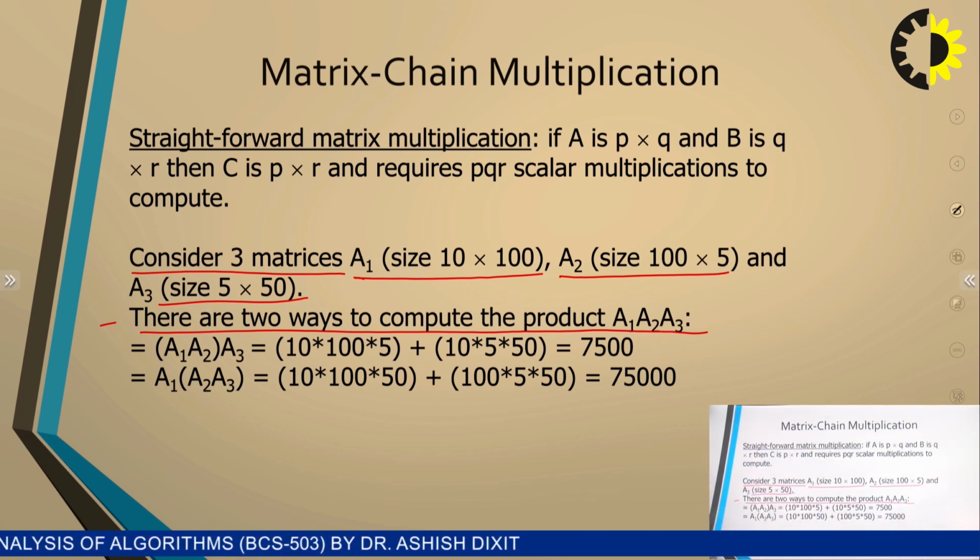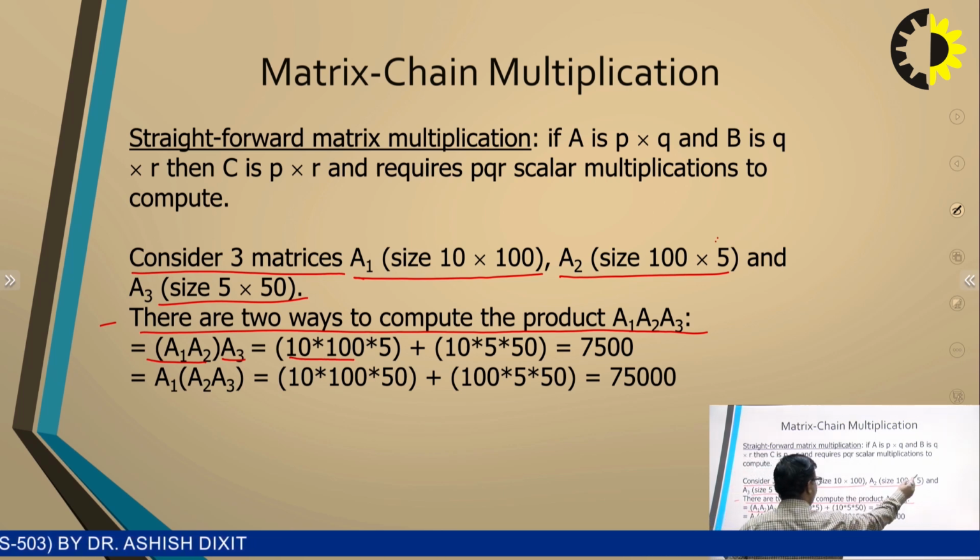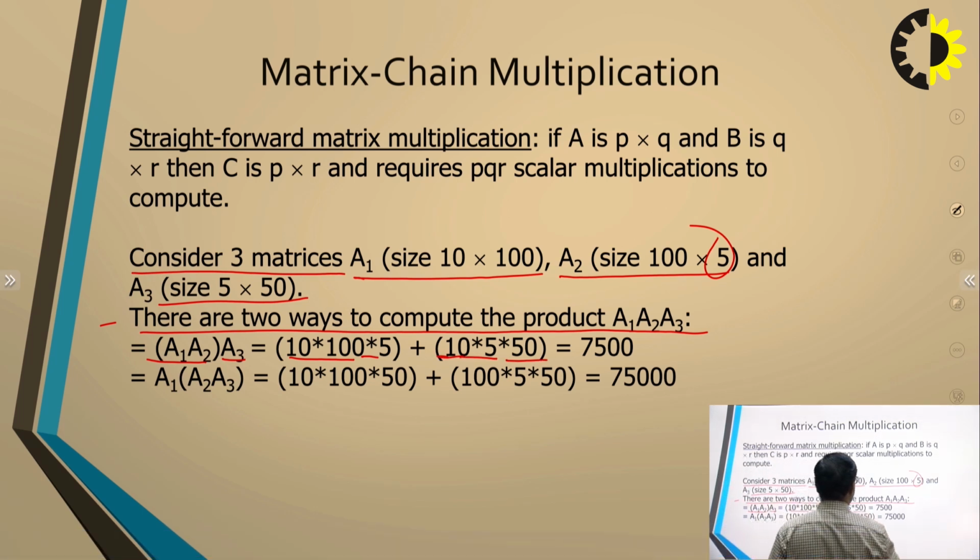First, (A1 A2) A3: 10 multiplied by 100 multiplied by 5, plus 10 by 5 by 50. The value is 7500.